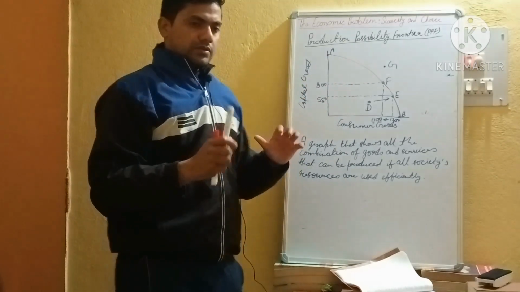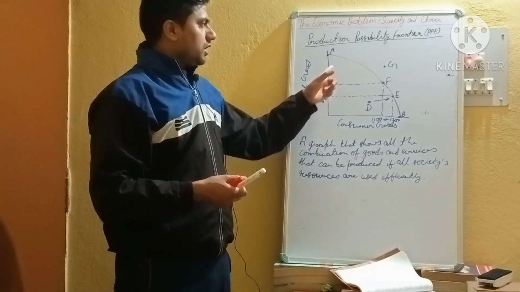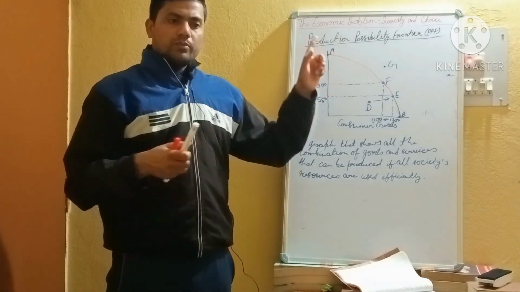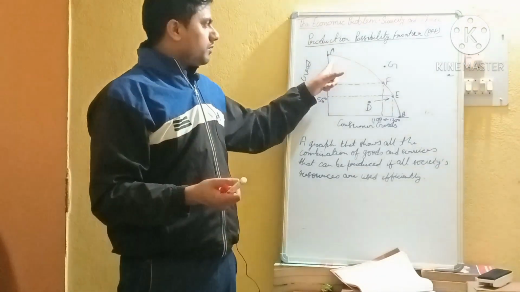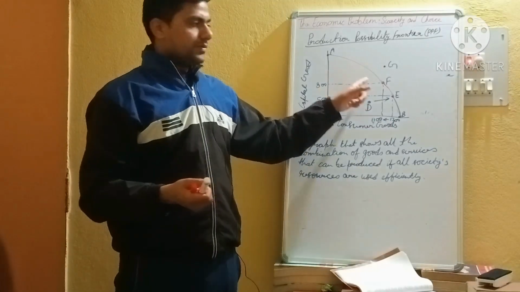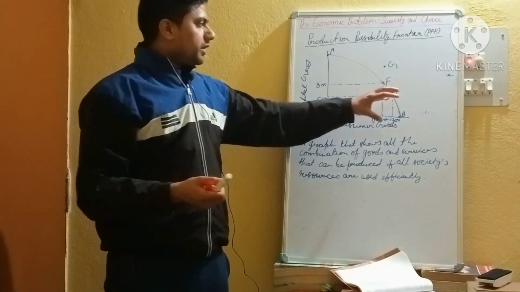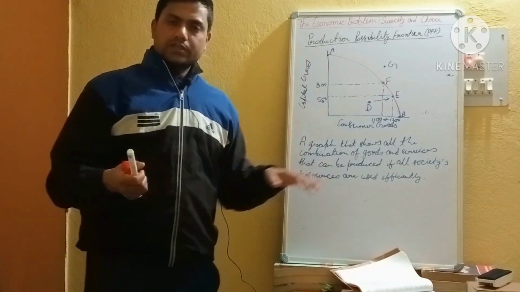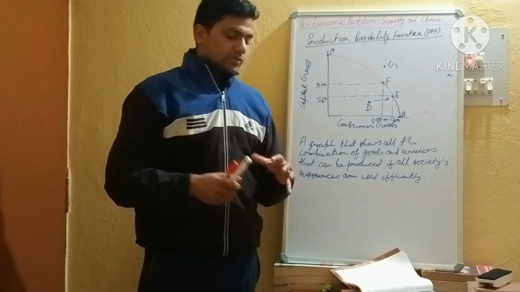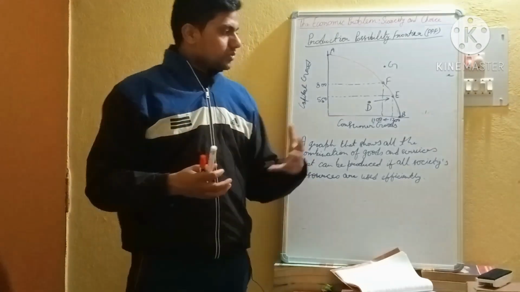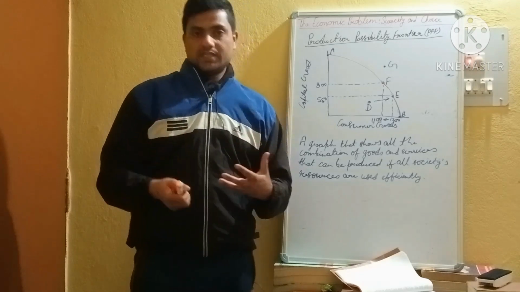If the resources are used efficiently, then the combination of goods and services will be on this graph only. It means points E and F. Whatever combinations of goods and services are shown here are produced by using the resources efficiently.